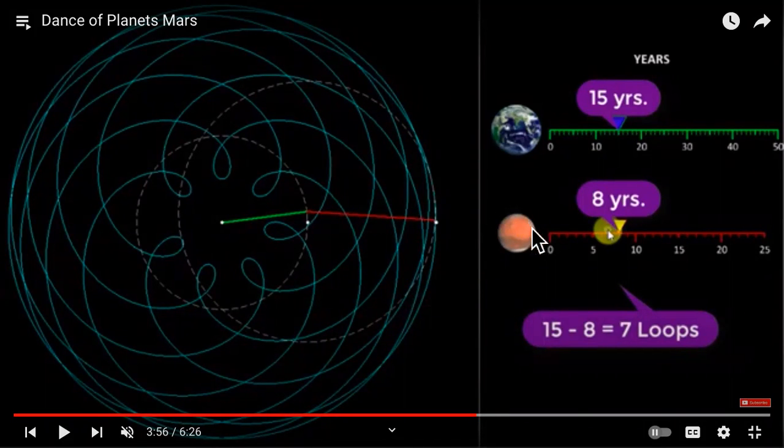During the same time period, Mars has taken 8 years, that is 8 rotations, because Mars is at a longer distance from the sun. Earth is closer, right? So this is how it is, and during this time period it is completing somewhere around 7 loops, right? This is something very important that we need to understand.